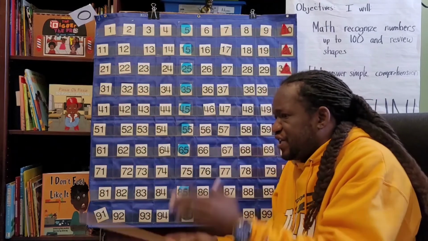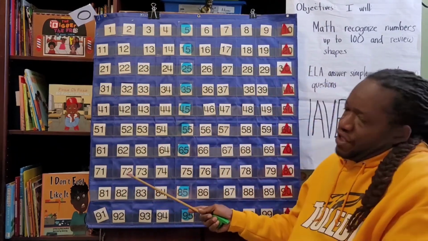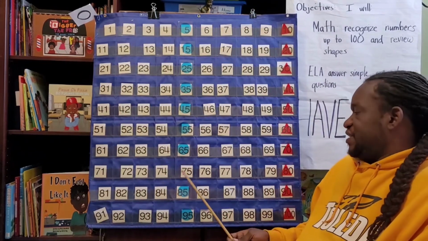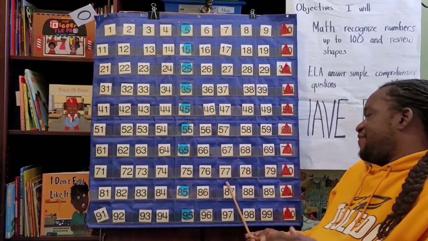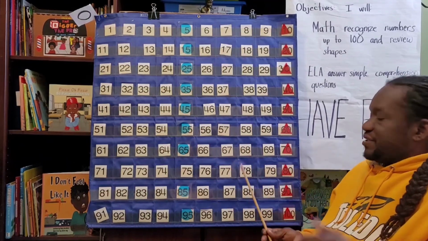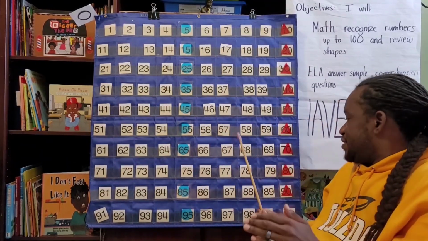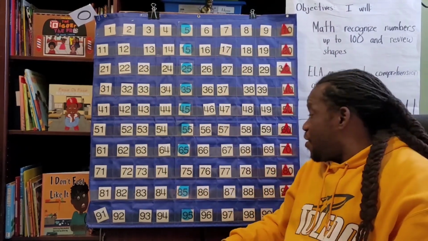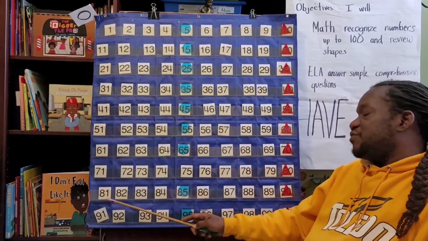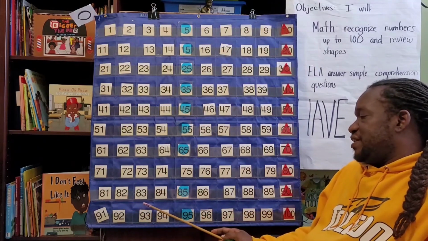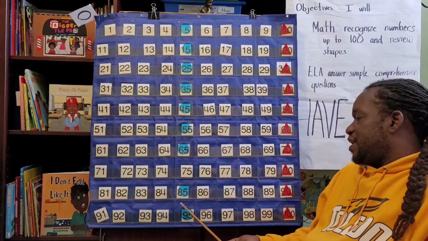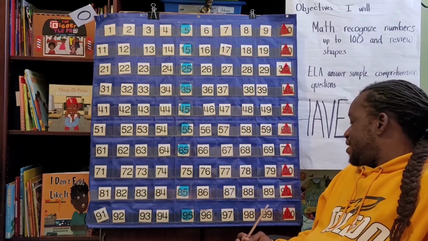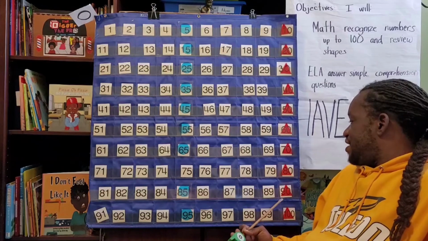71, 72, 73, 74, 75, 76, 77, 78, 79, 80. Now, in our regular voice, 81, 82, 83, 84, 85, 86, 87, 88, 89, 90.